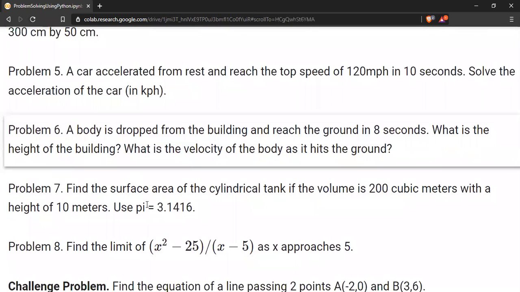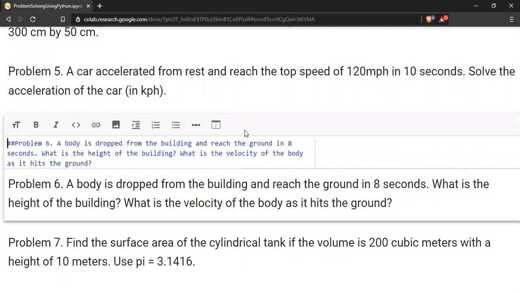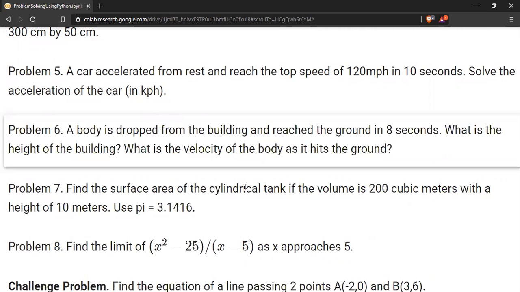Okay, so problem number 6. A body is dropped from the building and reaches the ground in 8 seconds. What is the height of the building? And next question, what is the velocity of the body as it hits the ground?